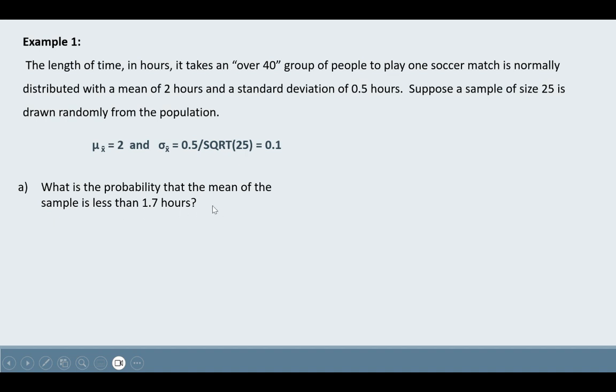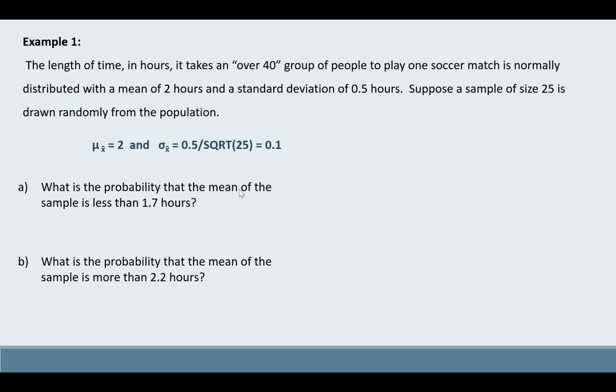So we know that these sample means are normally distributed, so we can use our normal distribution just like we've been doing. All right, so here I have a picture of our new distribution. So here's our new mean, which is the same as the original one. And then you'll notice that each of the steps is that standard deviation of 0.1.